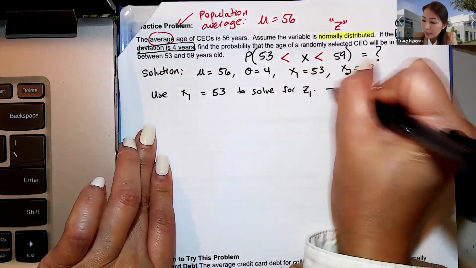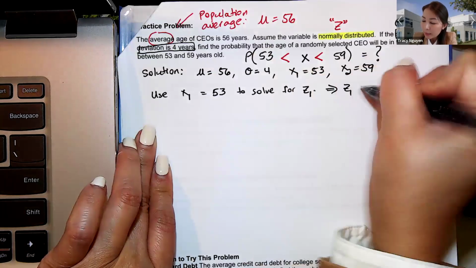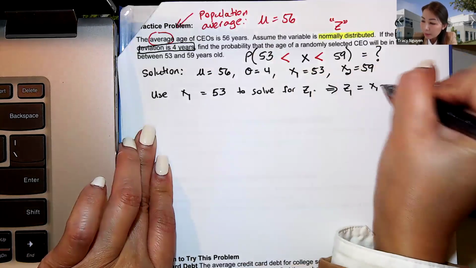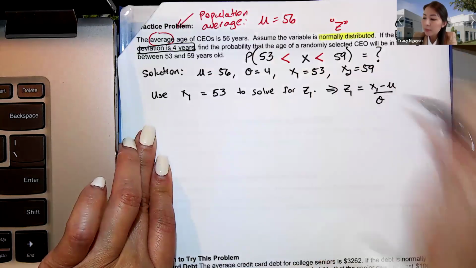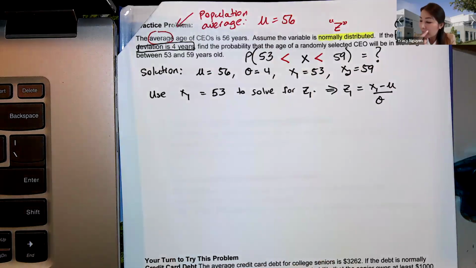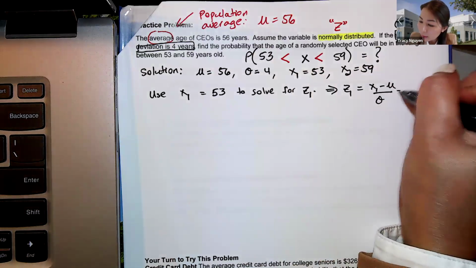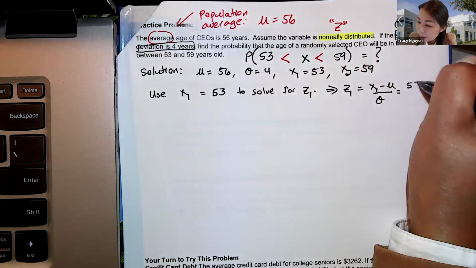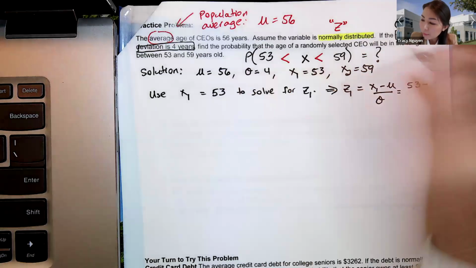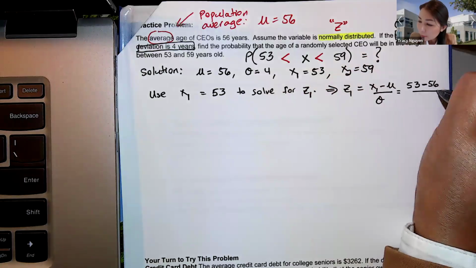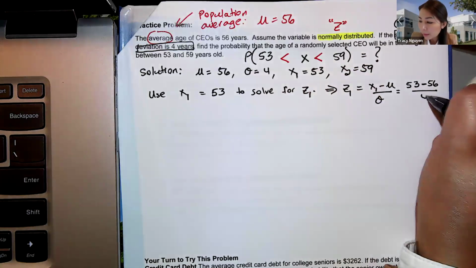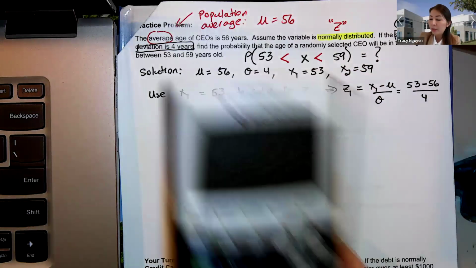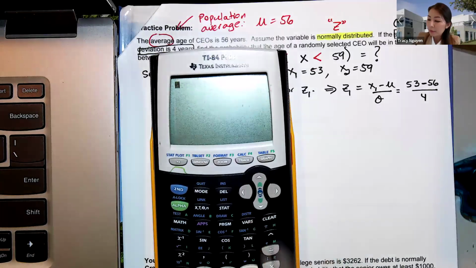So we can say that z1 equals x1 minus mu over sigma, which we have x1 of 53 minus mu of 56 divided by sigma of 4. Okay, let's see what happened with our calculation for the first z value.